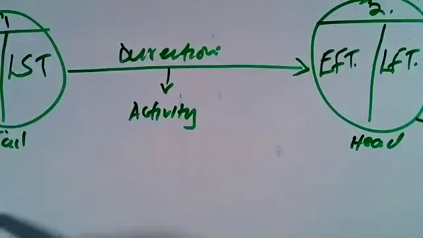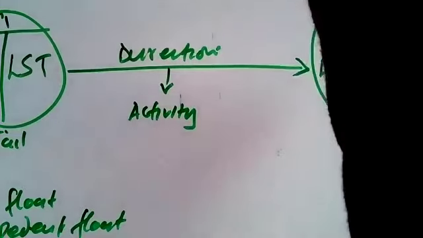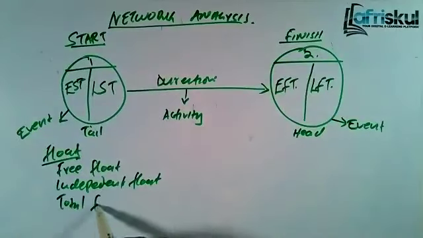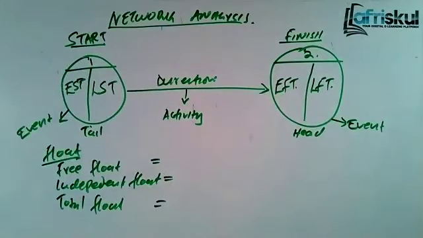Number 1, we have the free float. Then we have the independent float. If you combine the two, you get the total float. Now, how do you determine the free float? Free float, in layman's language, is the amount of time which an activity can be delayed without affecting the subsequent activities.